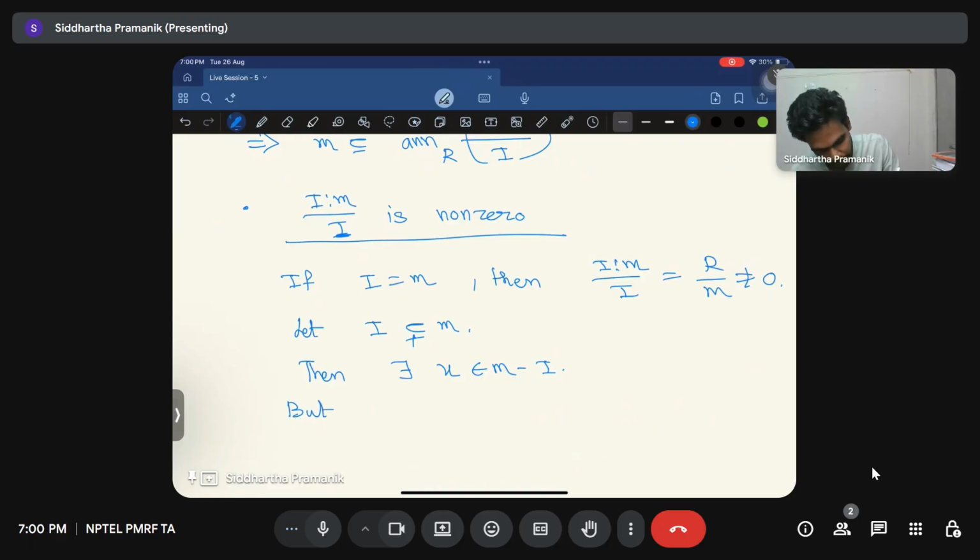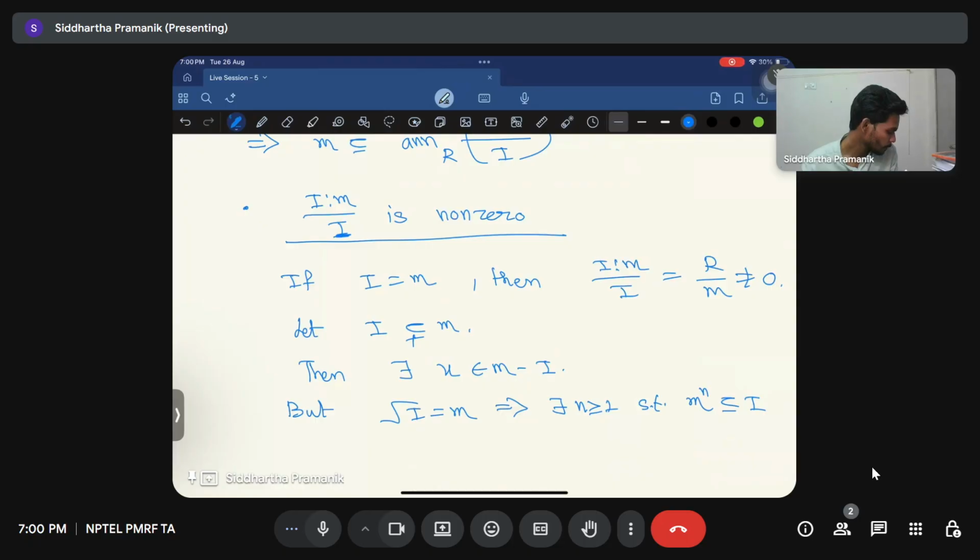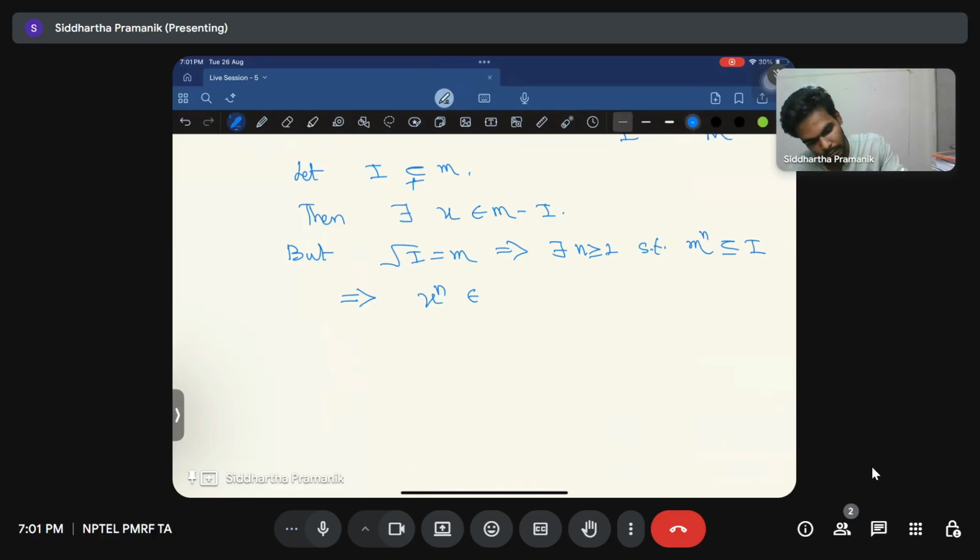But the radical of I is M, so that will imply there exists n greater than or equal to 1 such that M power n is contained in I. So that will imply x power n is in I. Here this n has to be at least 2 because x does not belong to I, so n cannot be 1.